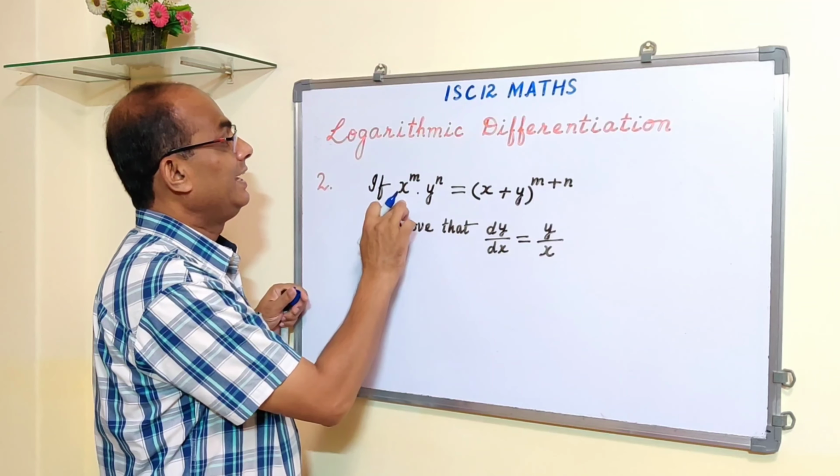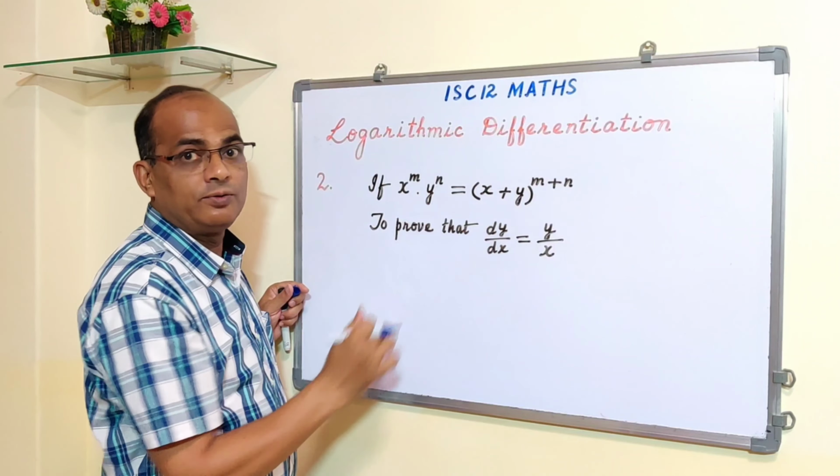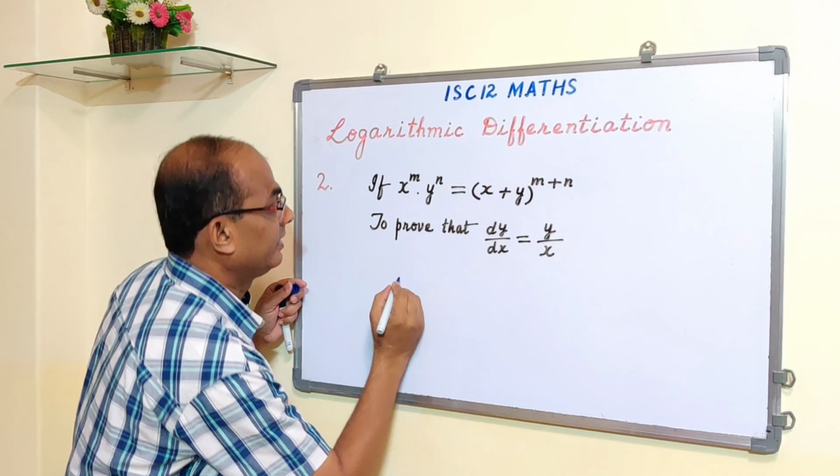Now, given x raised to the power m into y raised to the power n is equal to x plus y whole raised to the power m plus n. This is given.